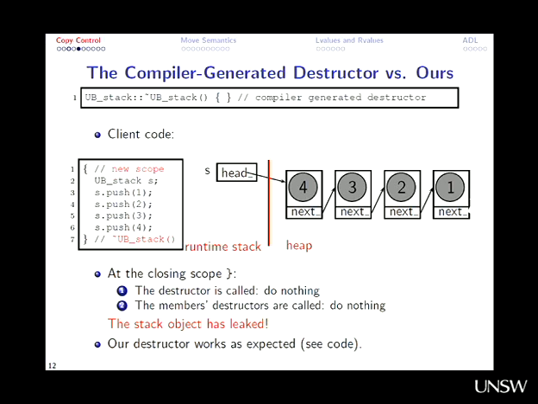The destructor, what does the destructor do? So on Thursday we might have talked about destructor. What does a destructor do and how is it different from a constructor? Can somebody tell me? Yeah, it deletes everything, but how does it delete everything? Recursively?